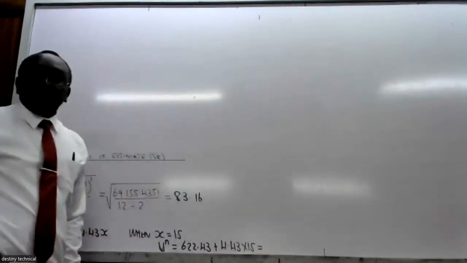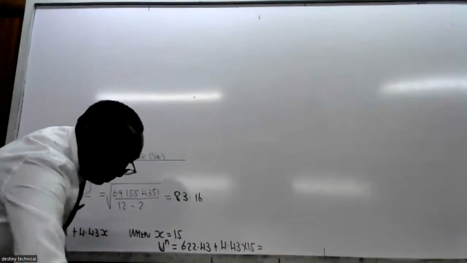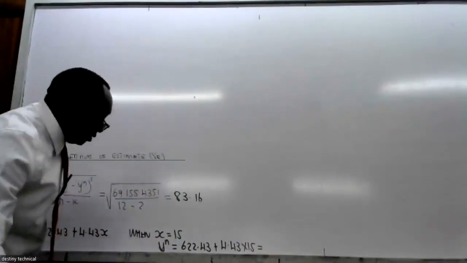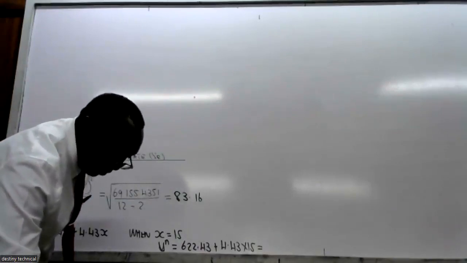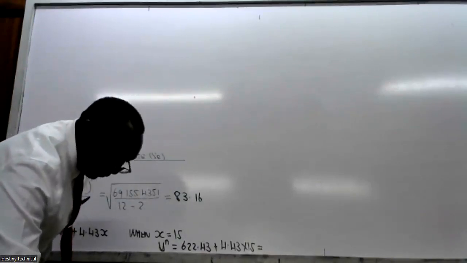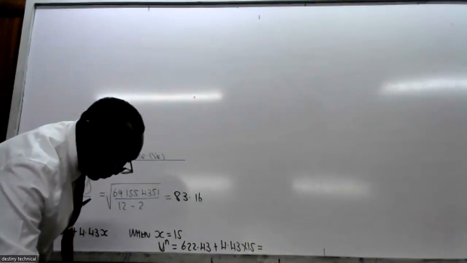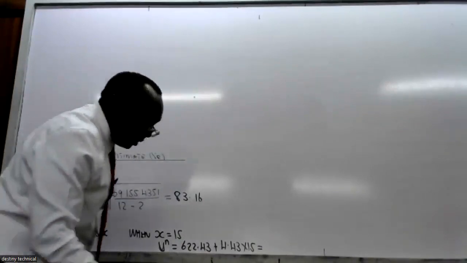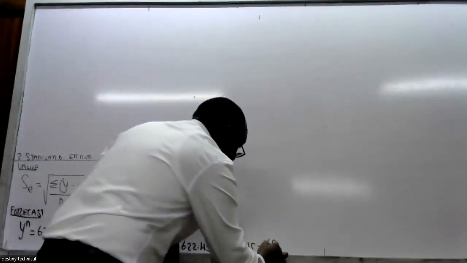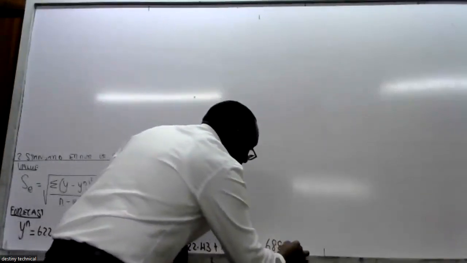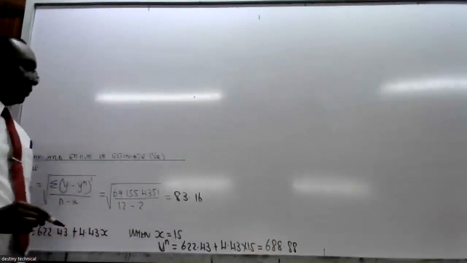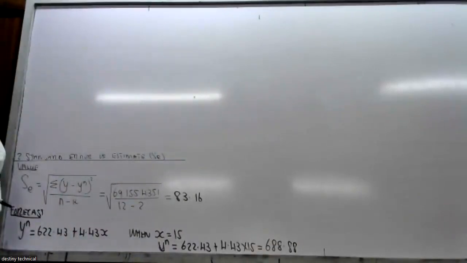So that one has been assumed, but if it was a question in the exam, they would have given you the figure. So 622.43 plus 4.43 times 15. Tell me whether you're getting 688.88. Yes. Good. So that is now what has been predicted using this function.